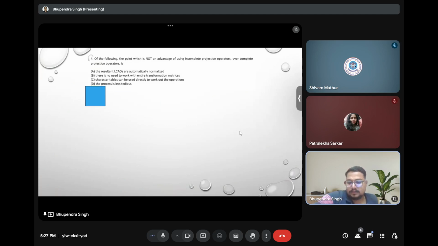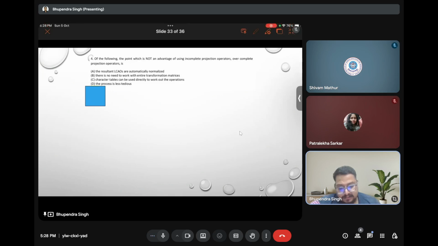Of the following, the point which is not an advantage of using the incomplete projection operator over the complete projection operator is. So first, you need to know a little bit about this.